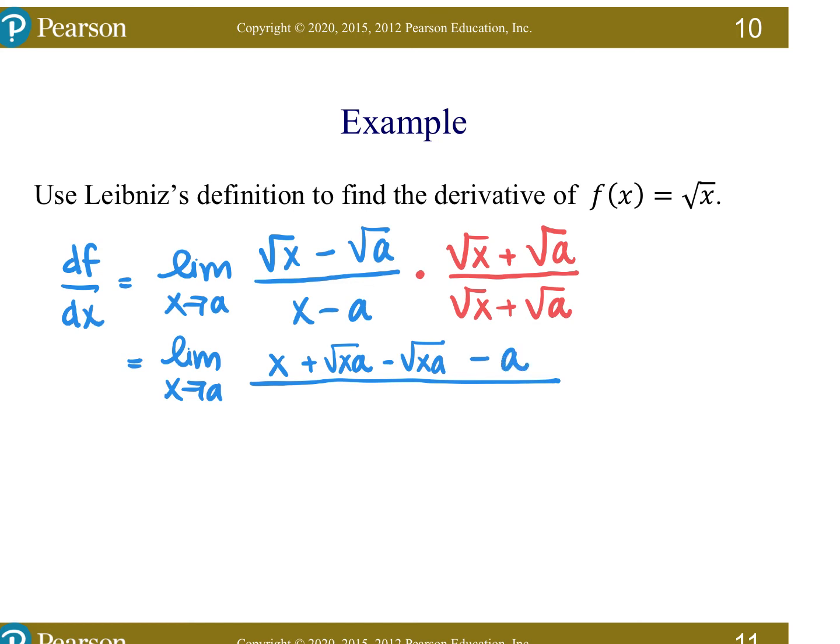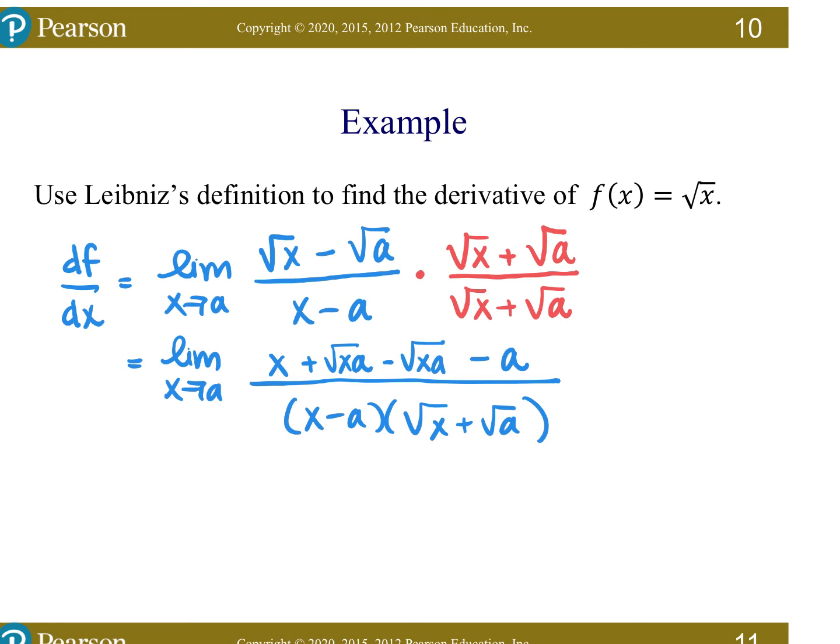The bottom we are not going to bother to FOIL. Leave the bottom unfoiled. You'll see why in just a second, if you don't already. What happens elegantly in the numerator?